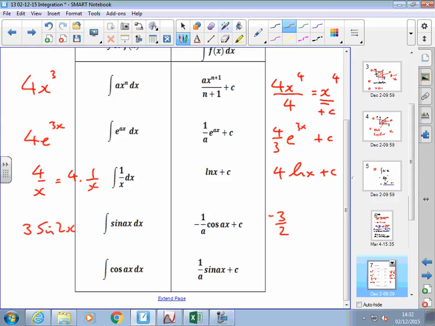So the 2 goes underneath, cos 2x plus c. So the 2 goes underneath the 3 effectively. And again, if that was just a 1 in front, then it would be 1 over 2. Whatever number is in front, that goes on top effectively. So if there is no number in front, i.e. it's just 1 times that, then it becomes 1 over 2.